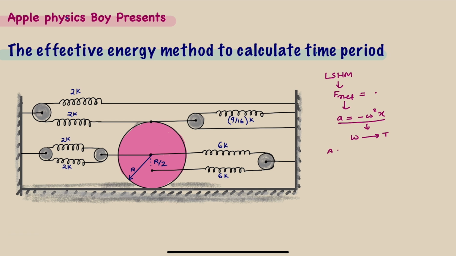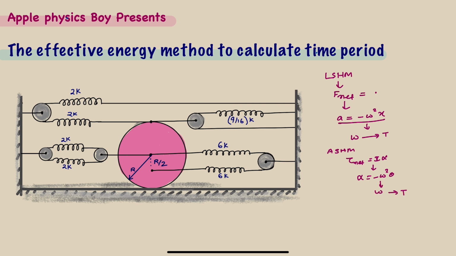If it is angular simple harmonic motion, then we write down the torque and equate the net torque with I multiplied by alpha. From there we take out the angular acceleration and make it equal to omega square multiplied by phi. Again, from there, we take out the omega and calculate the T.